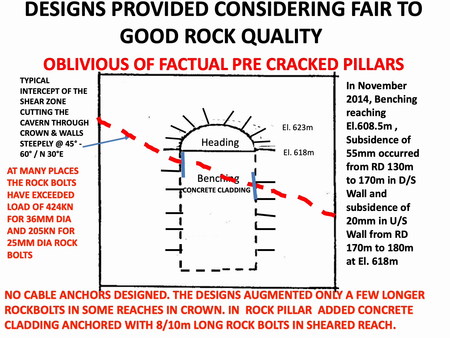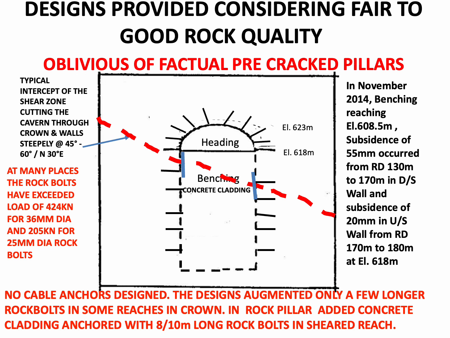In November 2014, benching had reached elevation 608.5 meter. At that instance, subsidence of 55 mm occurred from RD 130 meter to 170 meter in downstream wall, and a subsidence of 20 mm was seen in upstream wall from RD 170 meter to 180 meter at elevation 618 meter.